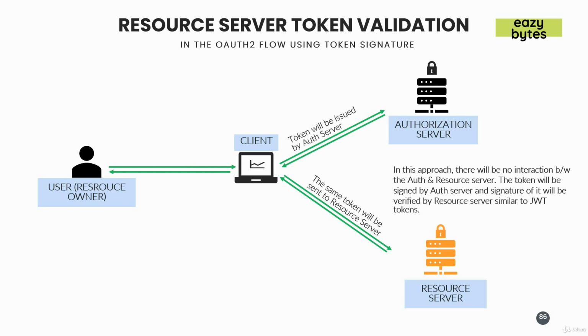So whenever someone sends the same access token to the resource server, it doesn't have to make a call to the authorization server, or look into the database either. It can simply check the signature or hash value of the token generated with the secret key that it maintains to understand if the token is valid or not.